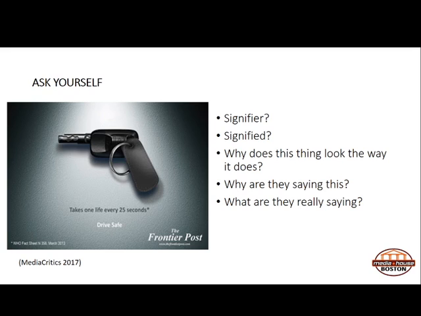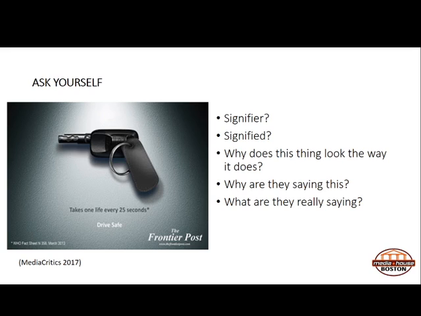And if you take a look here, and if you have really, really bad eyesight and you can't see that this is a car key, but you know that this says takes one life every 25 seconds, you might be tempted to use these two signifiers together to interpret them to signify that guns take one life every 25 seconds. But then you need to look at this third element here and go, okay, hold on a minute.